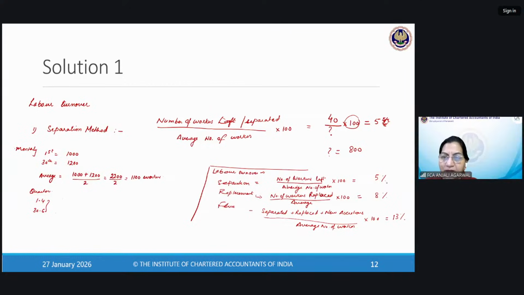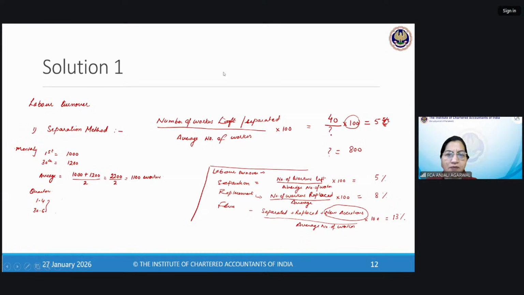Because we have multiplied by 100, it is equal to 5, but the final answer is 5%. When you see separation plus replacement exactly equal to flux, 5 plus 8 is equal to 13, that means there are no new accretions. This is 0, right? So labor turnover is not something very good. It should not happen in an organization.